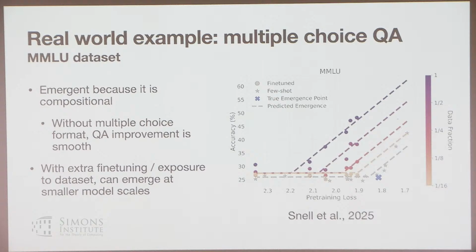So if you fine tune at a smaller scale, the model will pick up on it faster because you can learn that format at smaller scales. It's just not necessarily going to be worth learning in some sense from the entire training distribution at that scale.